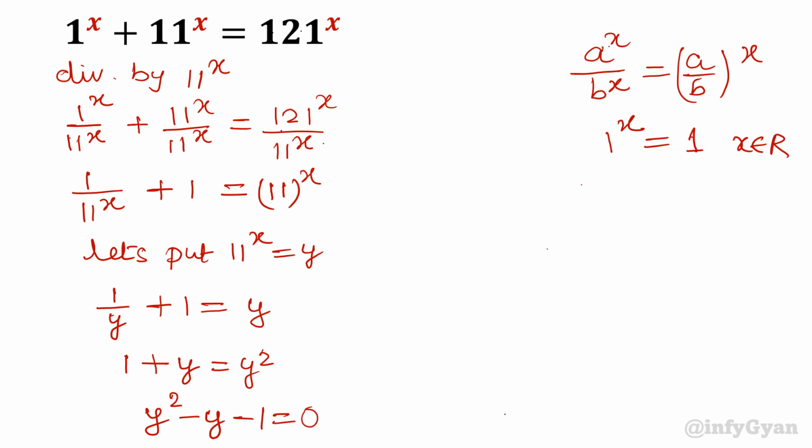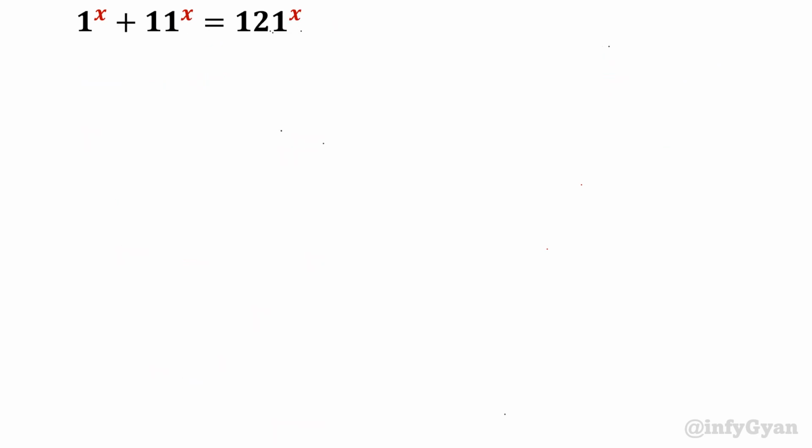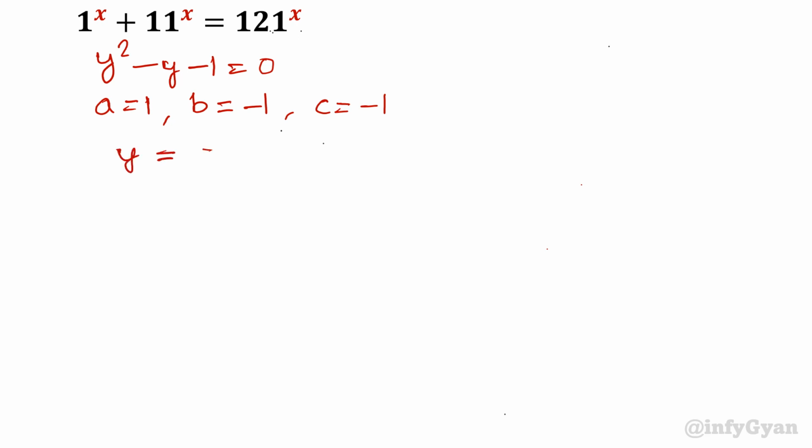Very unique equation is this. Let us apply the quadratic formula. Y square minus y minus 1 is equal to 0. A will be equal to 1, b is minus 1 here, c is negative 1. Let's apply the quadratic formula, that is minus b plus minus square root b square minus 4ac divided by 2a.